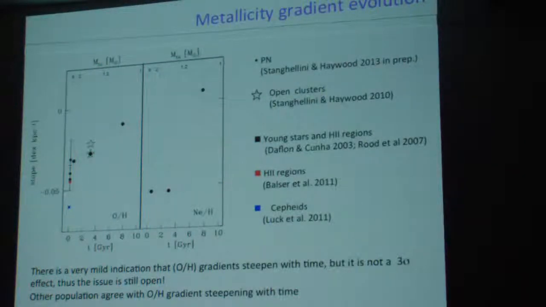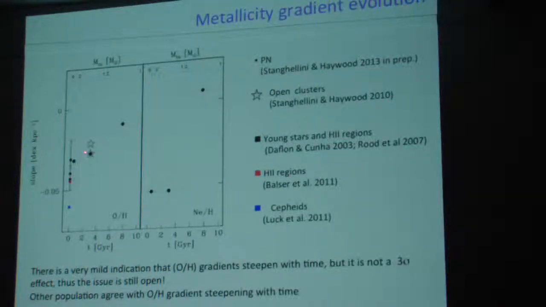Each population, type 1, 2, and 3, can, from the observations, be associated to a certain mass range. And those masses, from population synthesis, can be associated with a certain time interval. So with large error bars and large uncertainty, we can say that type 1 planetary nebulae have progenitors around 1 gigayear, type 2 are around 4 to 6 gigayears, and type 3 are the oldest planetary nebulae in the galaxy.